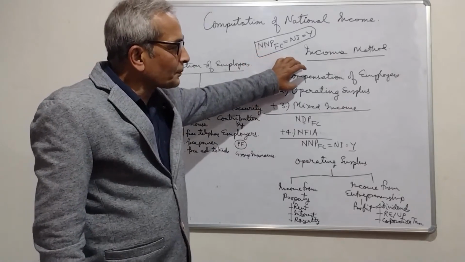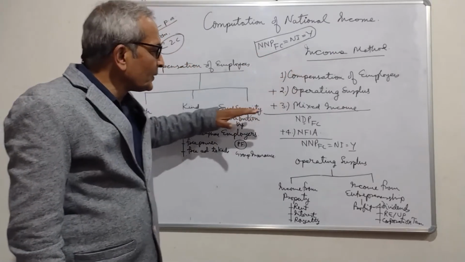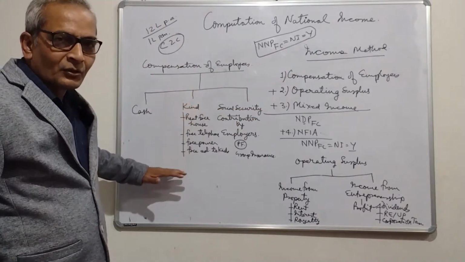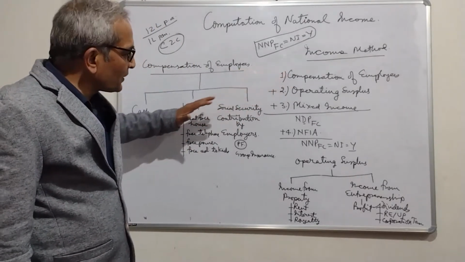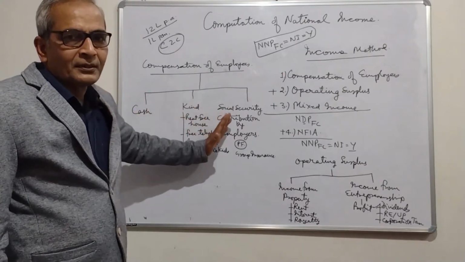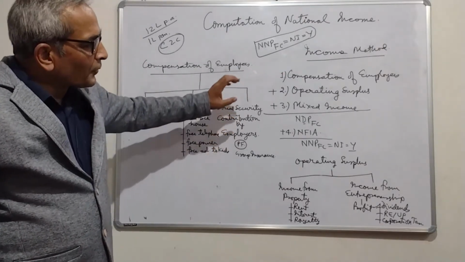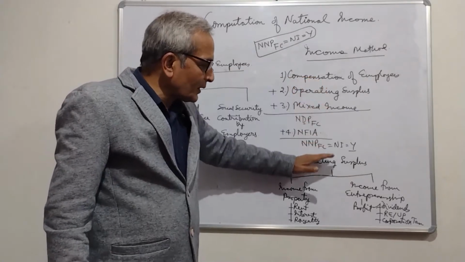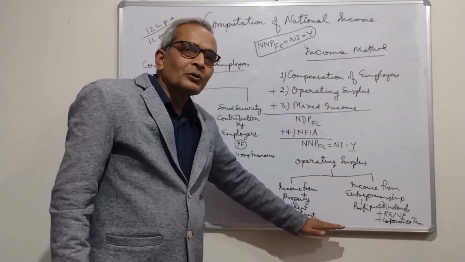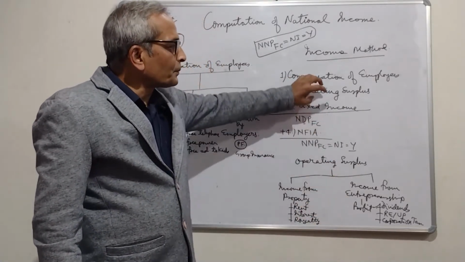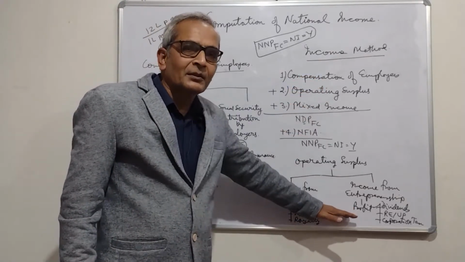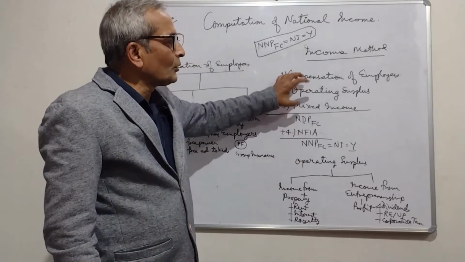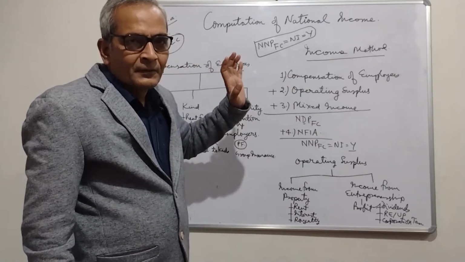If compensation of employees is given, we are not required to look at any of these. If compensation of employees is not given, we have to find out these three. If operating surplus is given, we are not required to look at these. If operating surplus is not given, we have to find out these items, add them up to get operating surplus.